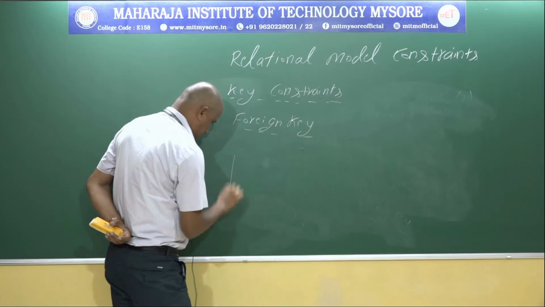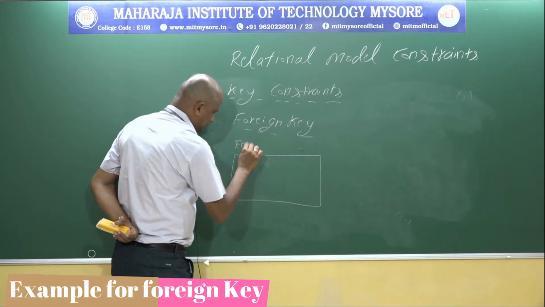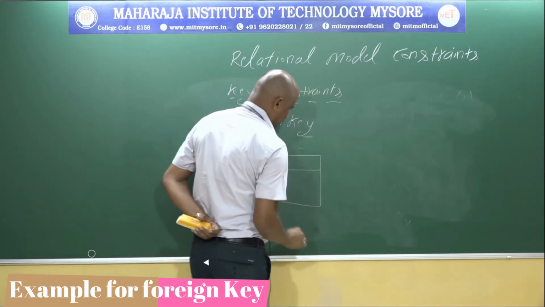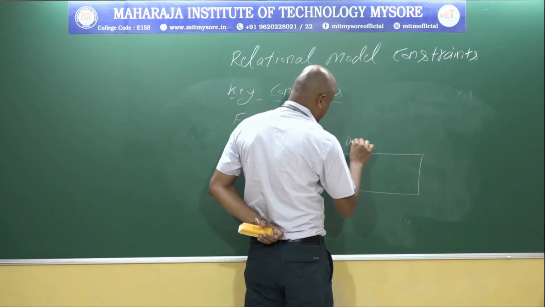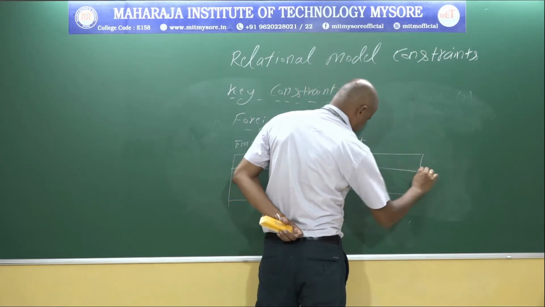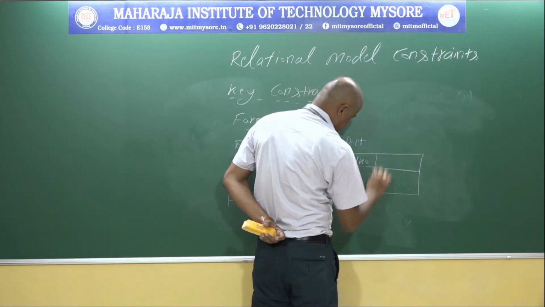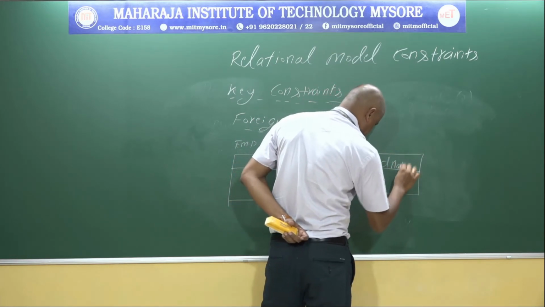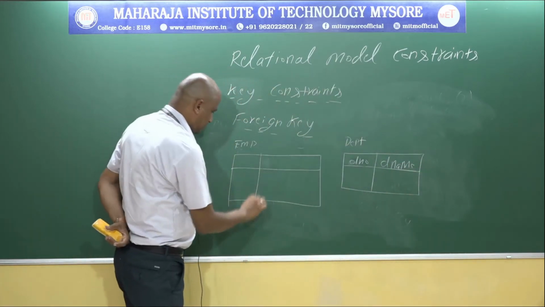As I told, we'll take the example of an employee table and a department table. The department table has department number and department name, and the employee table has SSN, name and D number.